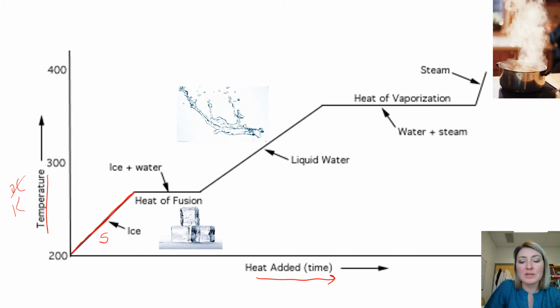When you see these plateaus, they represent the energy, instead of going to increase the temperature, going to the motion, to the phase change. So it's these plateaus that show us our solid is beginning to turn into a liquid. We're overcoming those intermolecular forces that hold those molecules together in the solid, and they're starting to move more.